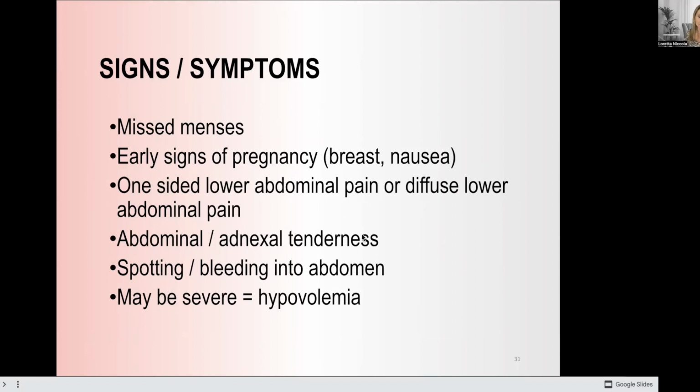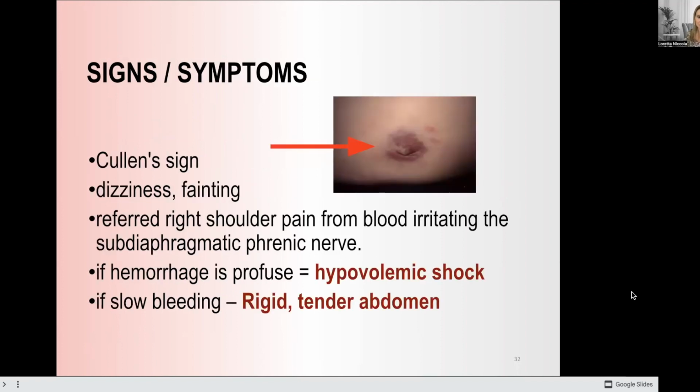So either abdominal tenderness or ovarian tenderness on the side, spotting or bleeding into the abdomen, and the bleeding may be so severe that it causes hypovolemia. If she's bleeding into the abdomen, it's going to make her abdomen very tender and firm like a board, because it's filling with blood.